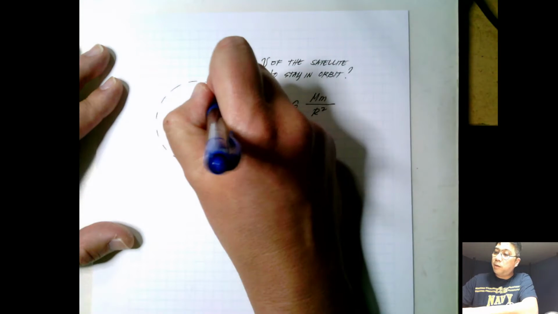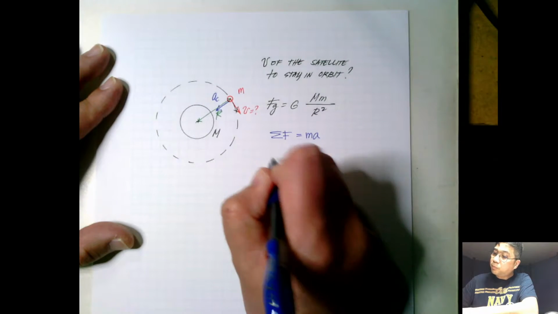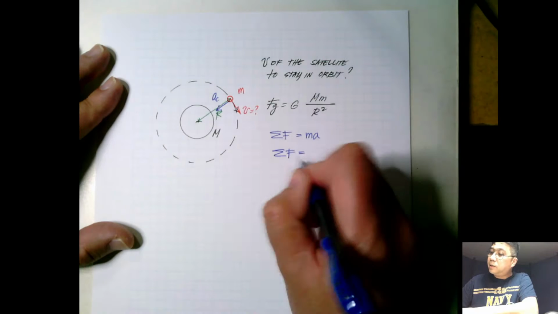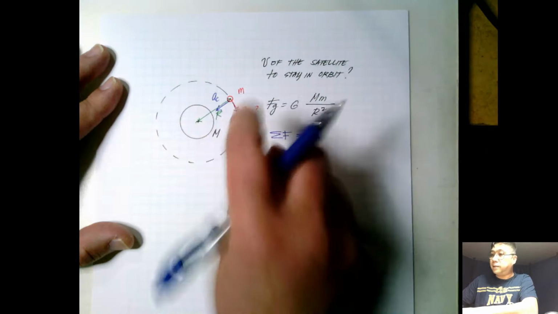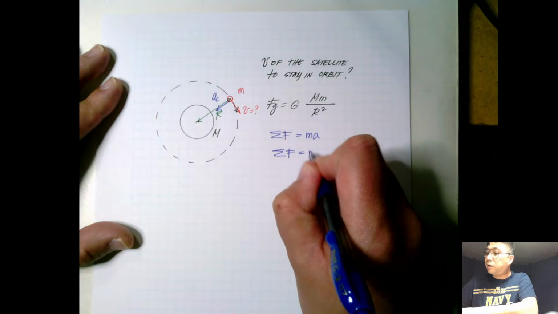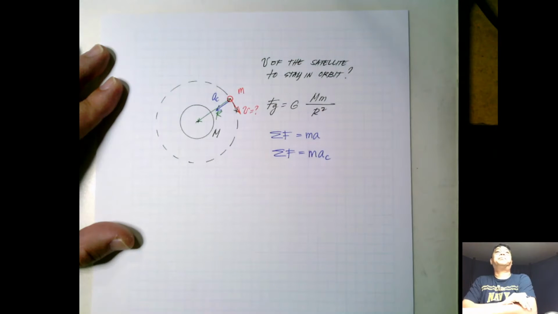So the net force equals the mass of the satellite, which is going around in orbit, multiplied by the centripetal acceleration.